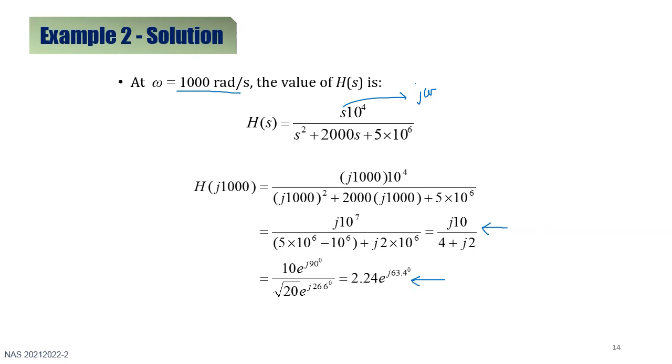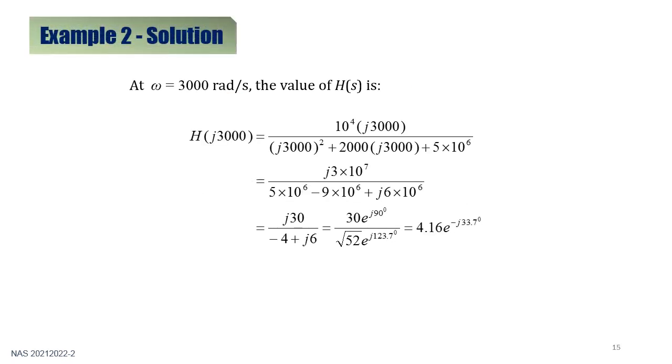So you get the transfer function or the filter performance at 1000 radian per second. Next, you need to repeat the same steps for omega equal to 3000 radian per second. The same equation, with S replaced by J omega. Now omega equals 3000 radian per second, and we get the value at omega equal to 3000 radian per second.